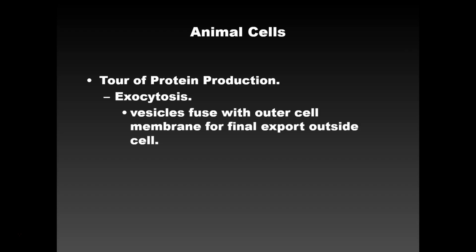The endoplasmic reticulum does quality control steps, it maybe adds sugars to that protein, then it buds off from the endoplasmic reticulum, where it is taken to the Golgi complex. The Golgi complex further modifies it and puts shipping labels on it, basically tells it where it needs to go, and then it is sent off from the Golgi complex via this process of exocytosis.